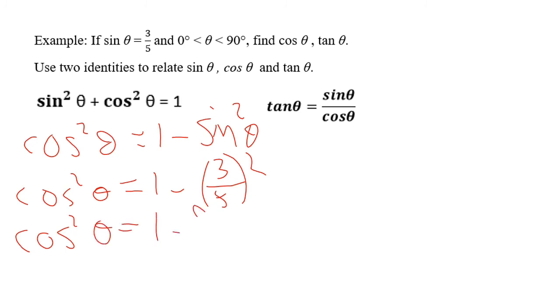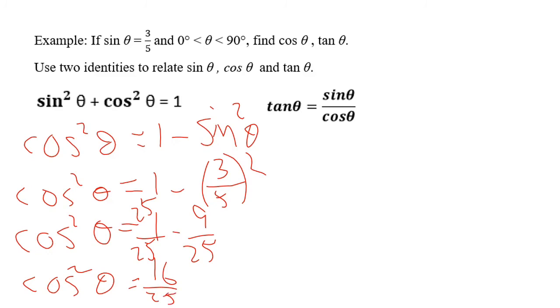So that gives me 9 over 25. And 1 is the same thing as saying 25 over 25. So if I change the 1 to 25 over 25, minus 9 is 16.